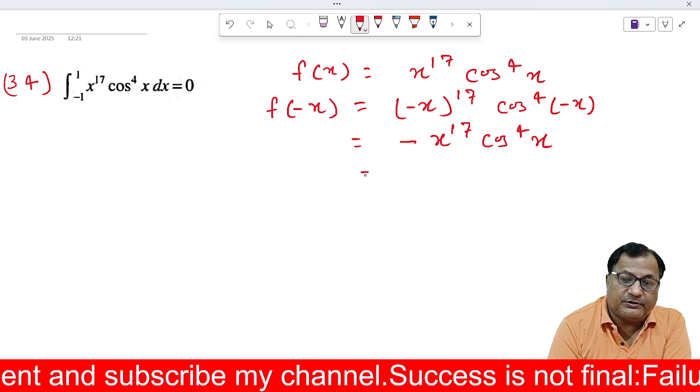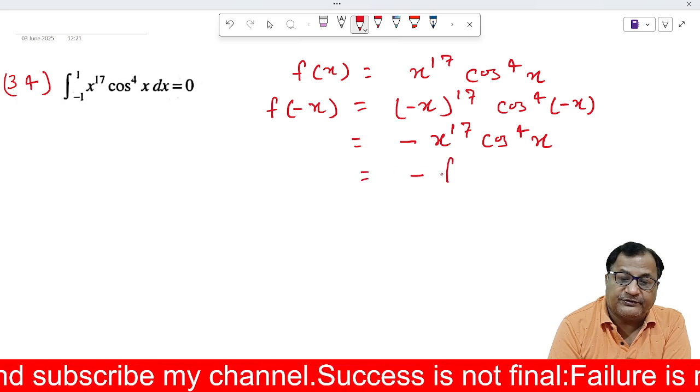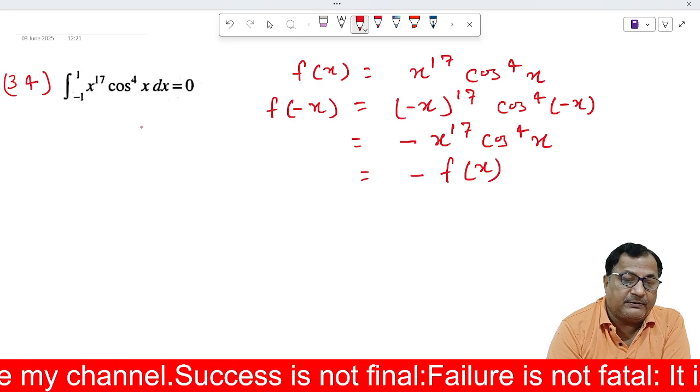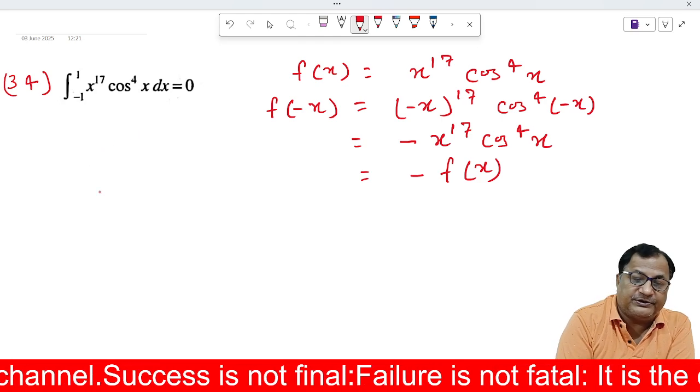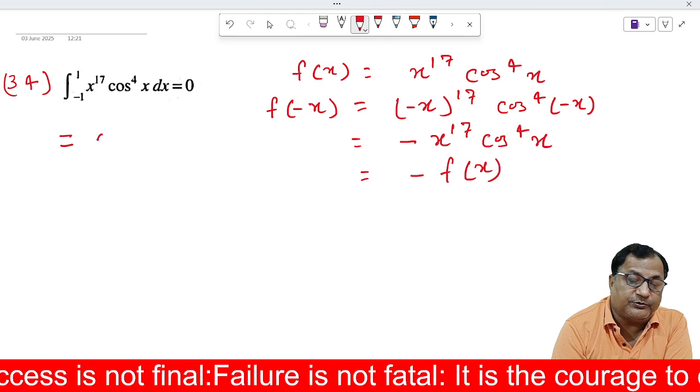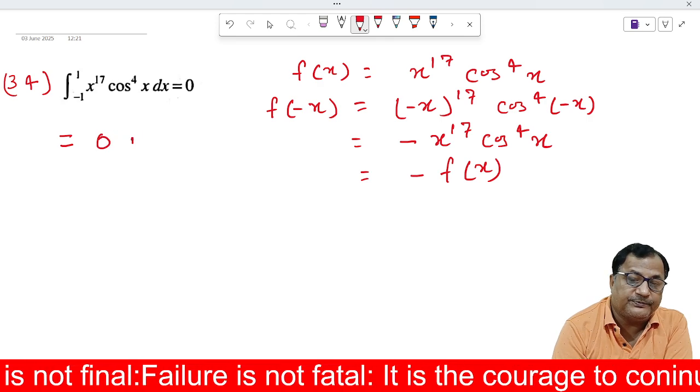So this is minus f(x). So by using the property of definite integration, the integration of this will be 0. This is proved.